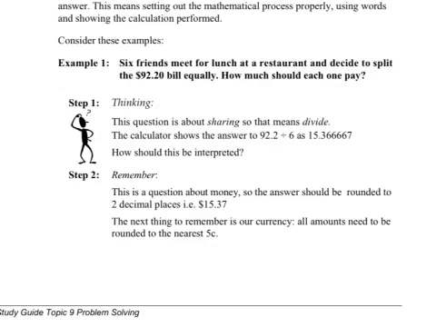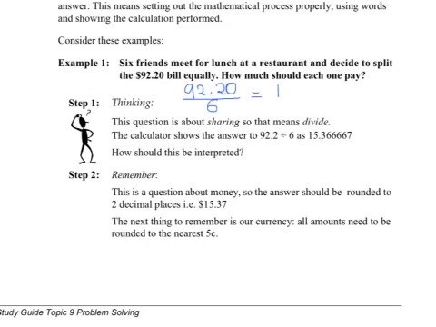That is, we have a real-life situation where the numbers we're dealing with actually represent real quantities. $92.20 is the total bill. We have 6 people at lunch, so we'll have to divide our $92.20 by 6.